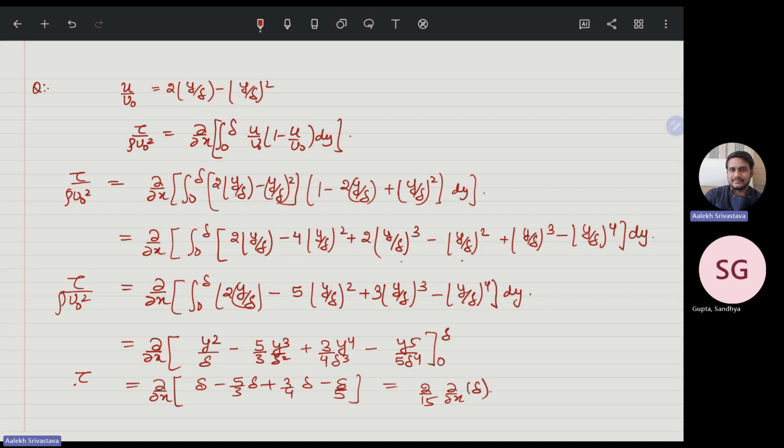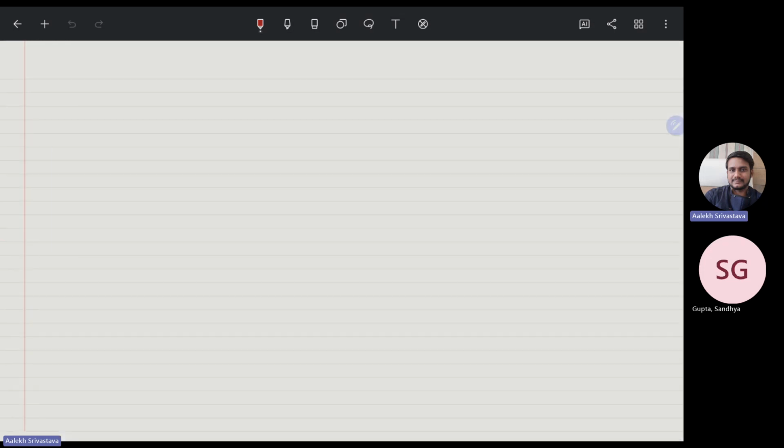Now the left term is written as tau wall by rho u0 square. So tau wall for laminar flow is mu du by dy at y is equal to 0. As you know, u by u naught is given as 2 times y by delta minus y by delta square.